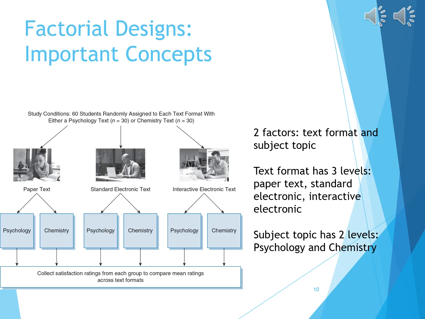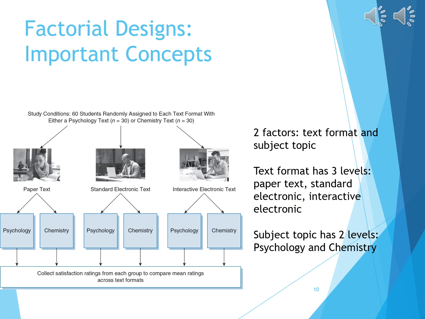All right, but now our example is going to get a bit more complicated. So we had the one factor, one independent variable of textbook format with 3 different levels: paper text, standard electronic text, and interactive electronic text. And now we're going to add on to that a second factor or independent variable, which is subject topic. It could have any number of levels for however many subjects you're talking about, but in this case, we're going to have 2 levels, psychology and chemistry.